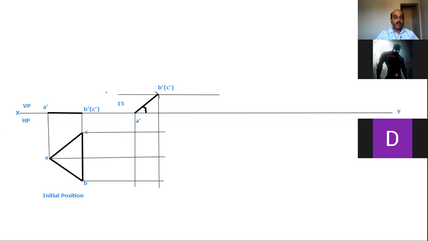Intersection point will be marked first. So this point will be A for us. And this is B, intersection points. Please make a note of that. And this will be C. Now you can join all these points with a thick line.